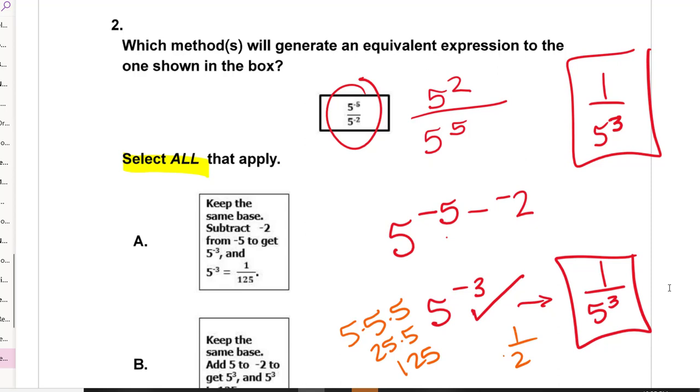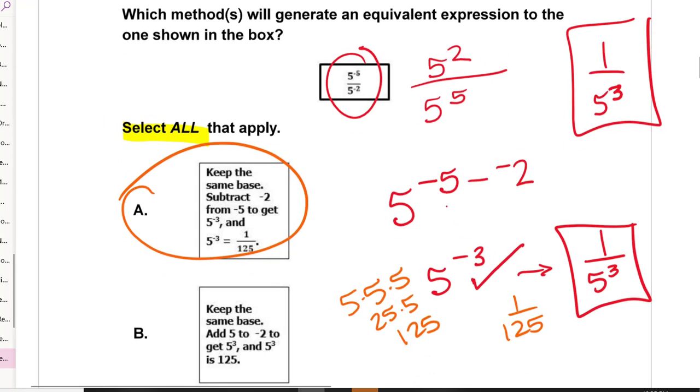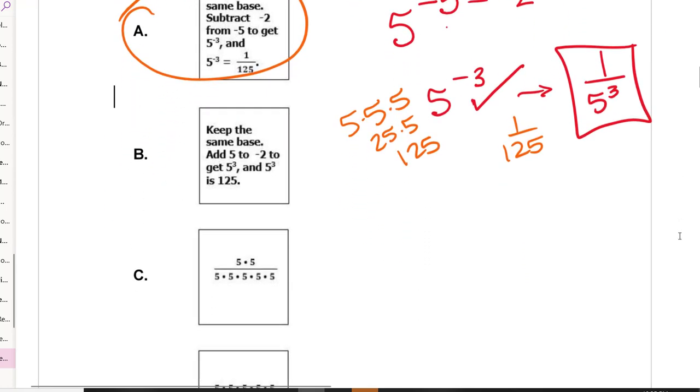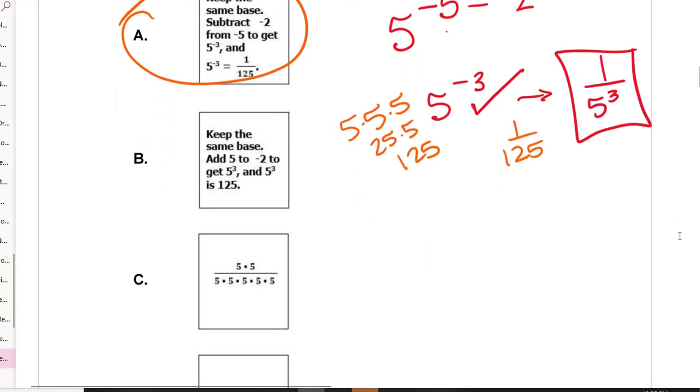So we could have 1 over 125 here. So A is one that we would select. B, keep the same base, add 5 to negative 2 to get 5 to the 3rd, and 5 to the 3rd is 125. This is not correct because we should have 1 over 125.